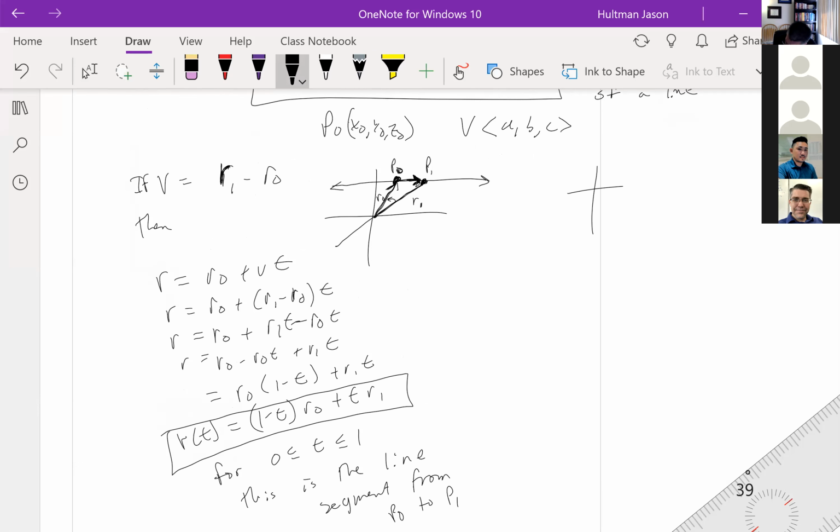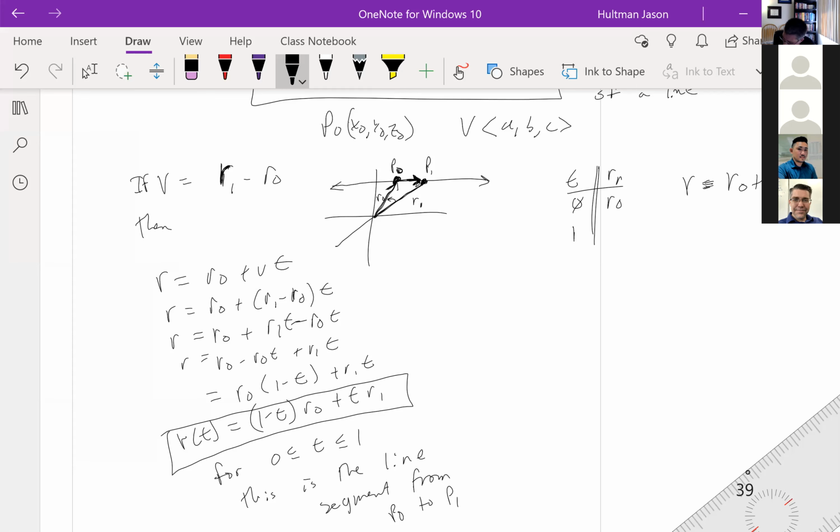If t is equal to 0, you just plug in 0, and you just get r naught. Well, what about if t is 1? What are you going to get?